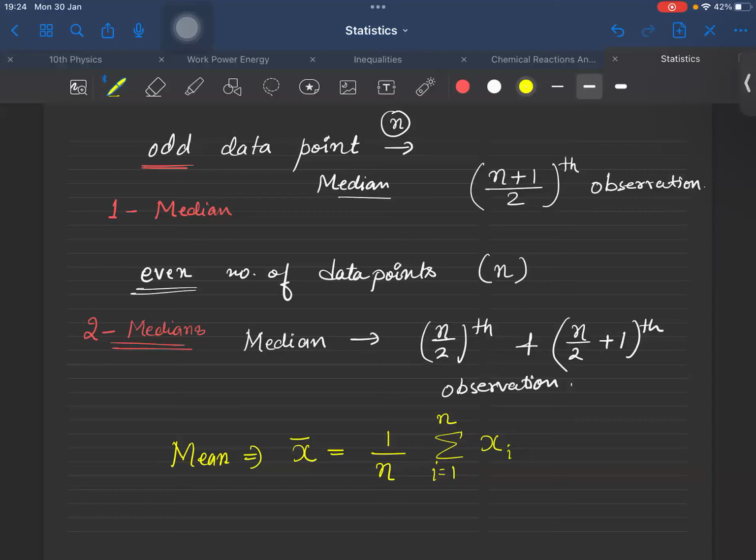I don't know if it is in your syllabus or not, let me check. Okay, mean deviation, standard deviation, and variance, of course. So tomorrow we are going to study this variation and hopefully sum up the chapter.